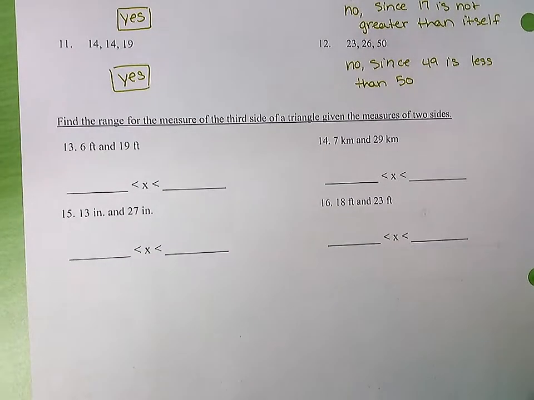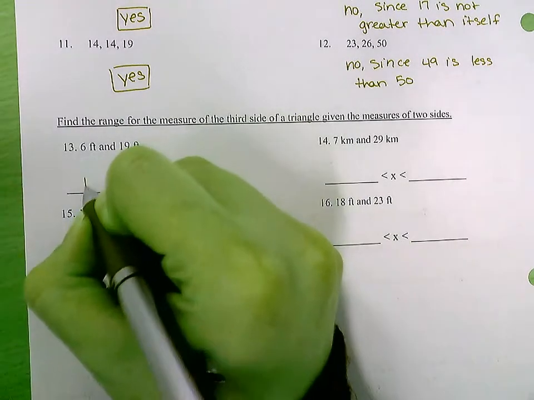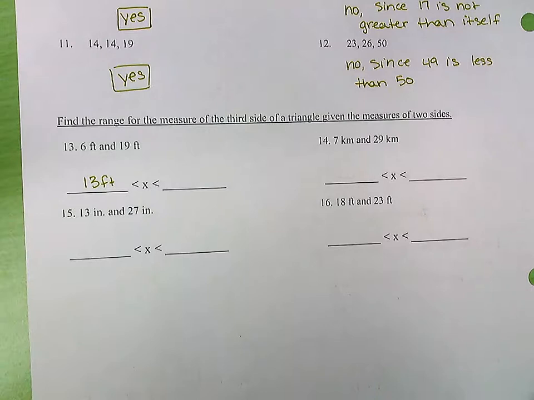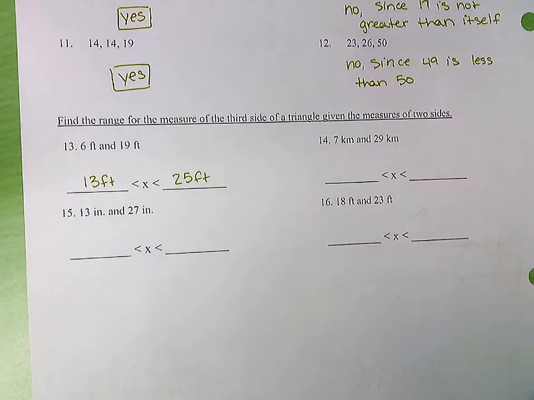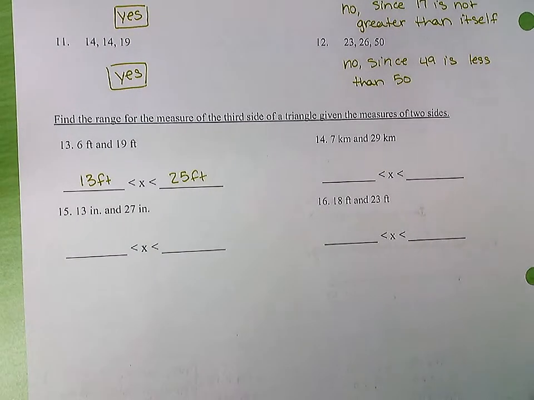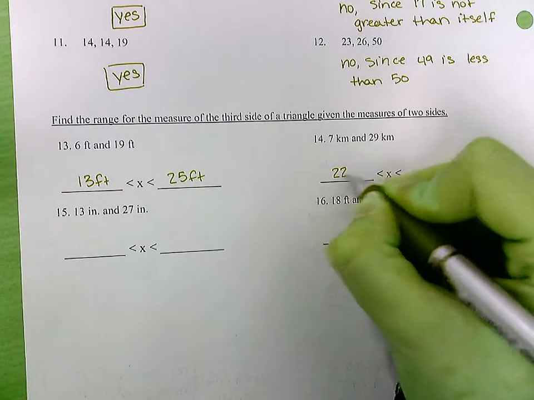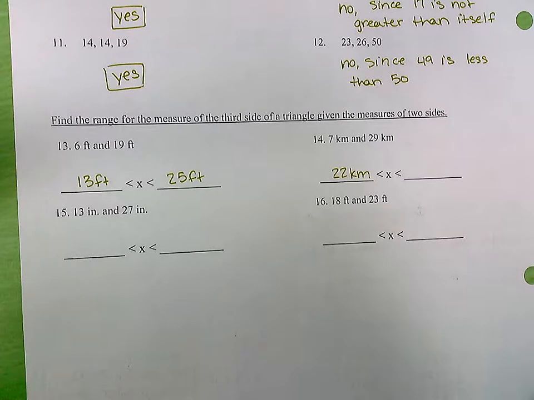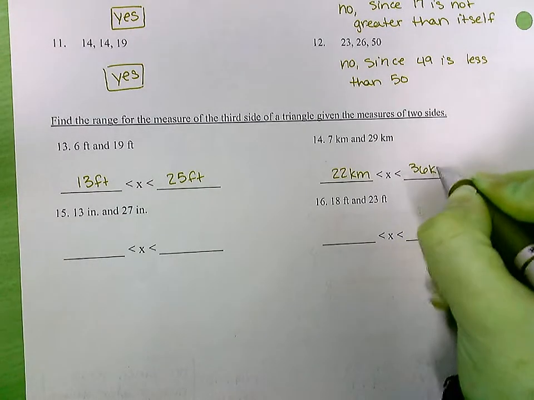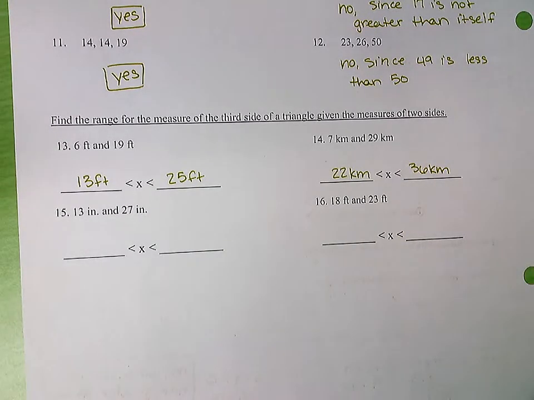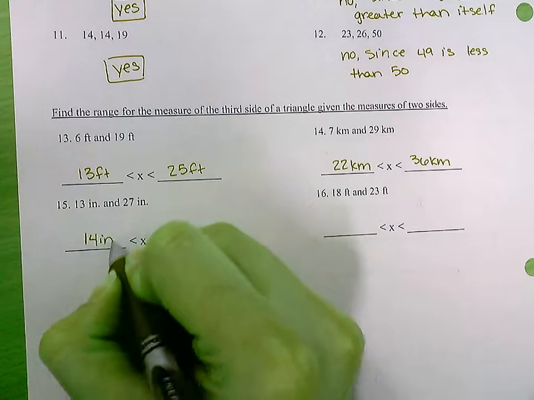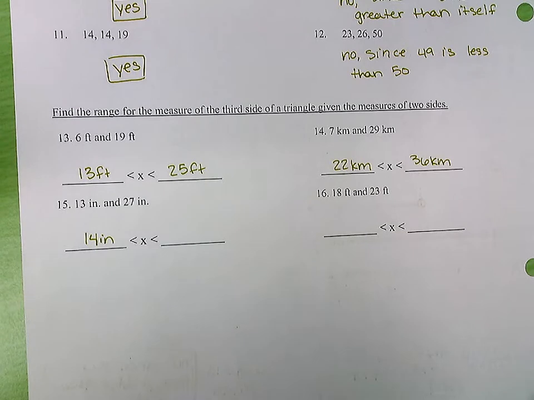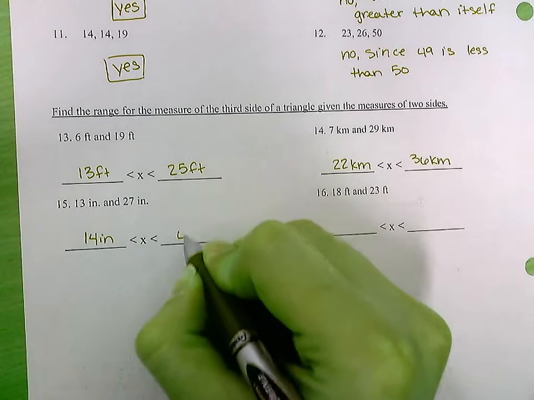For your range of values, I had 13 feet to 25 feet. For 14, I had 22 kilometers to 36 kilometers. 15 was 14 inches to 40 inches.